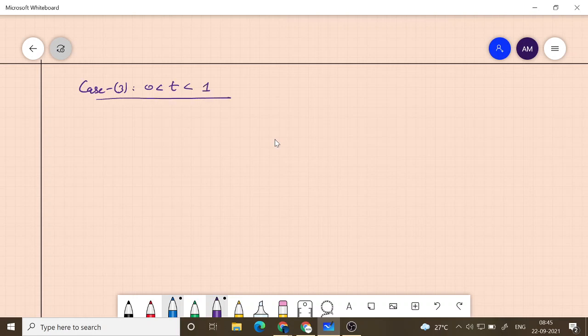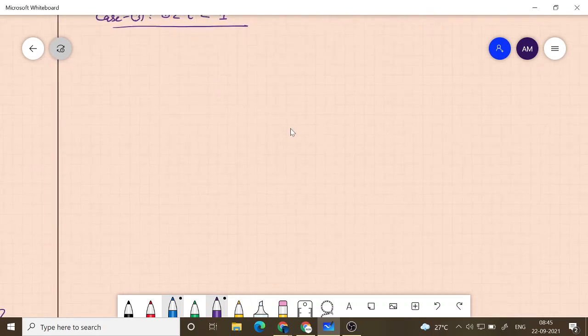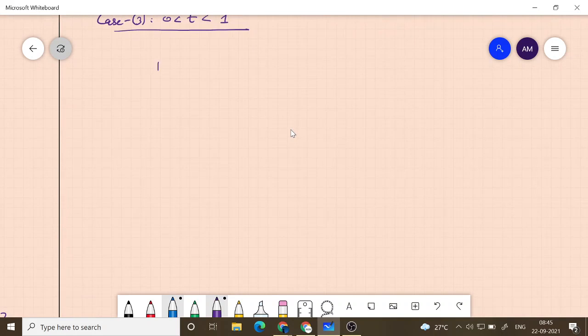In this case, if I draw x2 of t minus tau, originally it starts from -1, and its amplitude is 2. This was originally the function, but now I am shifting it to the right by t units.